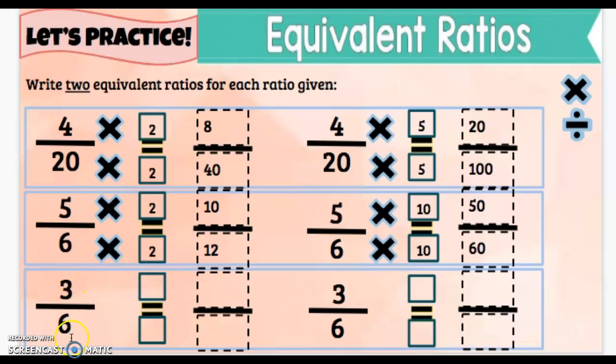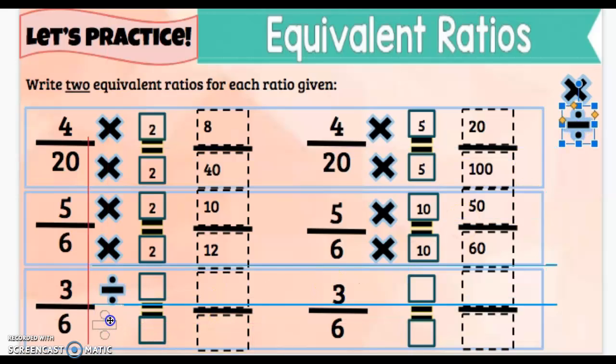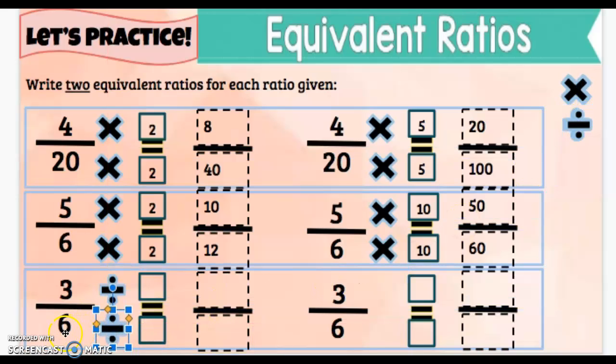So in this case, I know that I can take 3 out of 6. So I can divide both the top and the bottom. If I take a group of 3 out of 6, I have to divide it by 3.